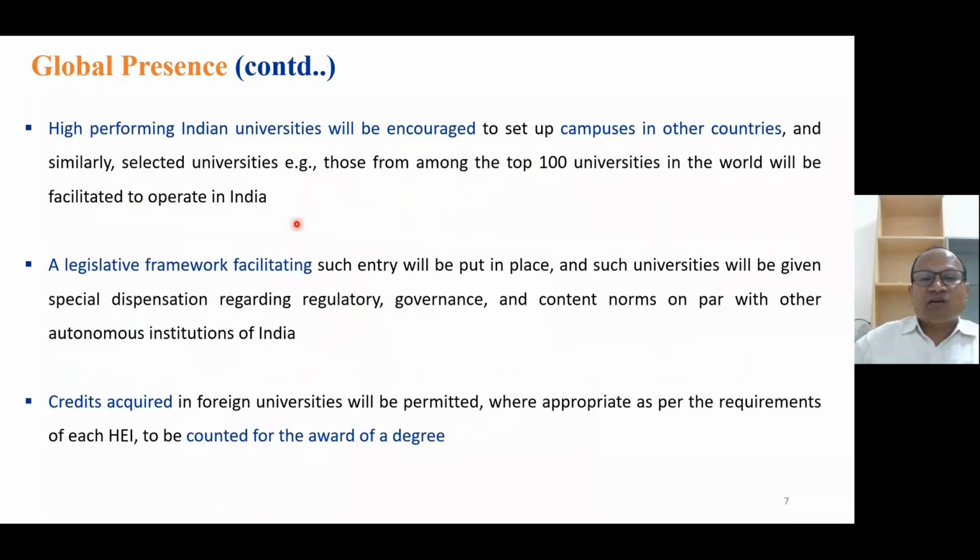So a legislative framework facilitating such a scheme will be put in place, and such universities will be given special dispensation regarding regulatory governance and content norms on par with autonomous institutions of India.